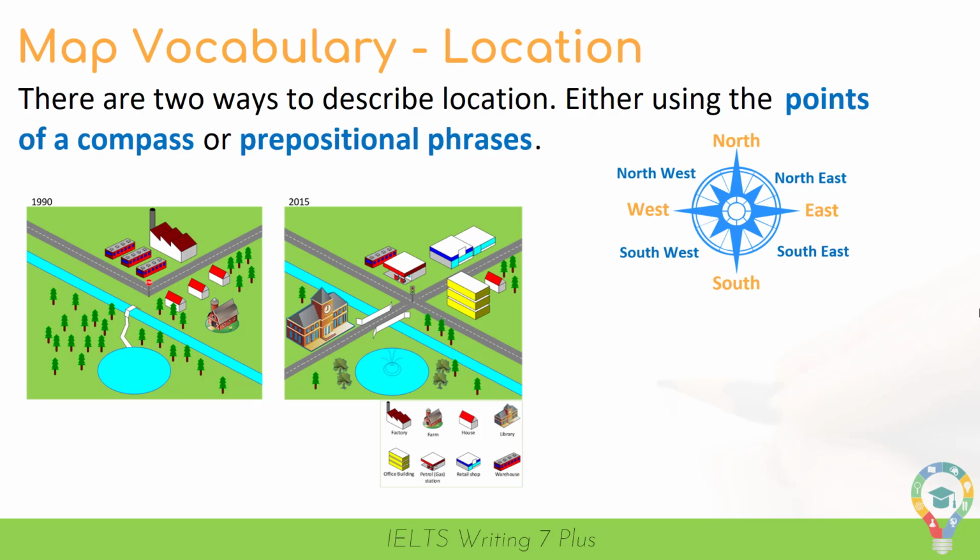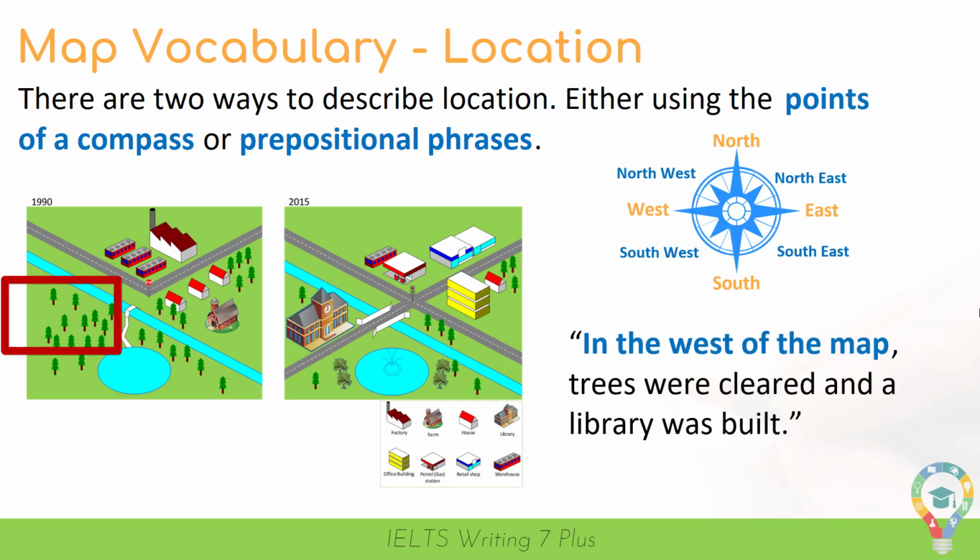And we'll begin with the forest to the west of the map in 1990. Here we go, and here is my example. In the west of the map, trees were cleared and a library was built. So I'm starting off with using the points of the compass, the west of the map. Trees were cleared and a library was built.